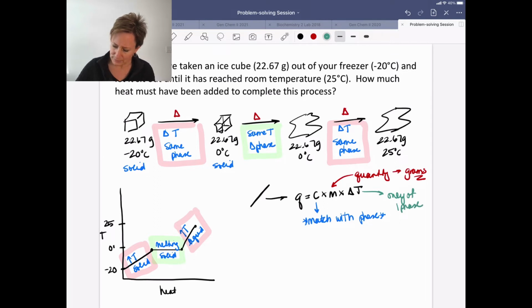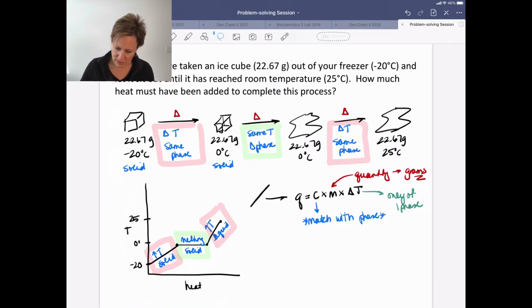So what do I mean there? I'm never going to have a difference between 25 and minus 20 because that's overlapping two phases, right? My one delta T is going to be here, and then my other delta T is going to be here. So let's go ahead and map that on. Let me move this over just a little bit so I have some room here.